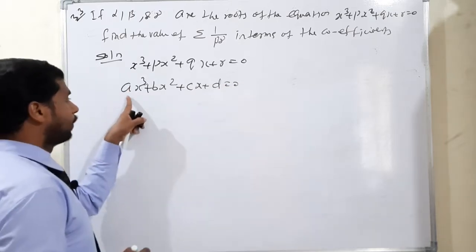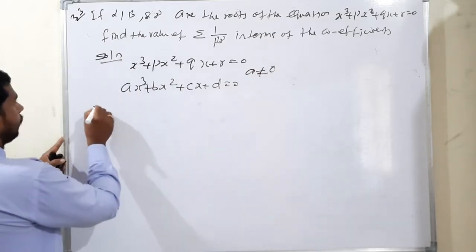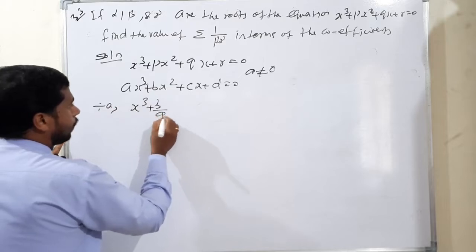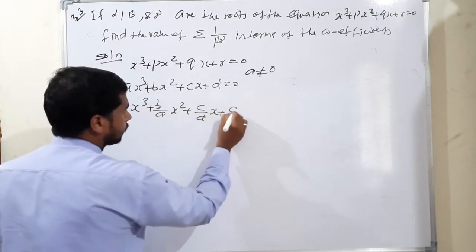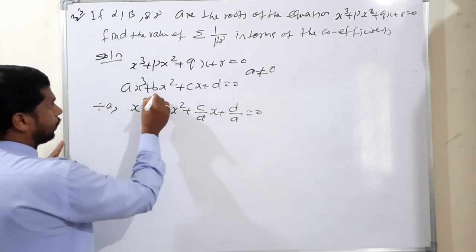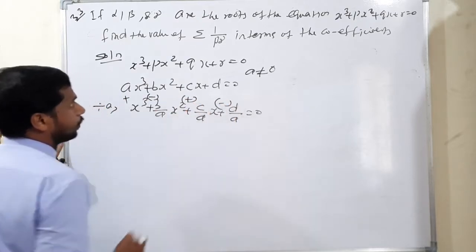One condition is that the leading coefficient is always not equal to 0. Then divide by a each and every time: x³ + (b/a)x² + (c/a)x + d/a = 0. The signs go positive, then negative, again positive, then negative.